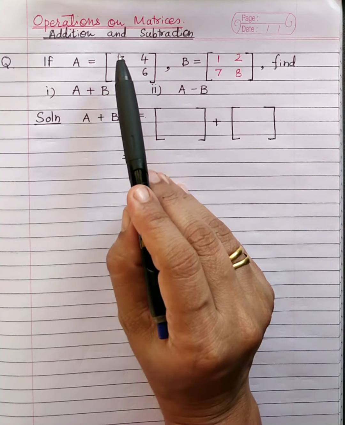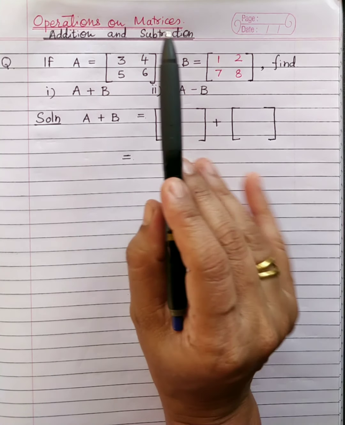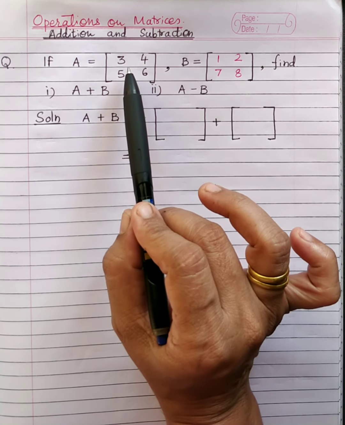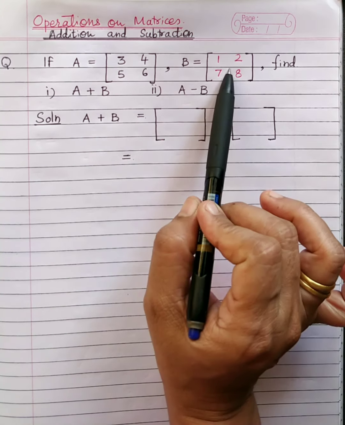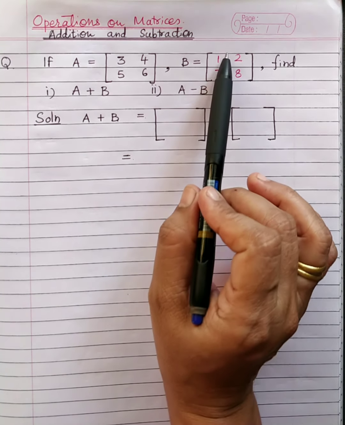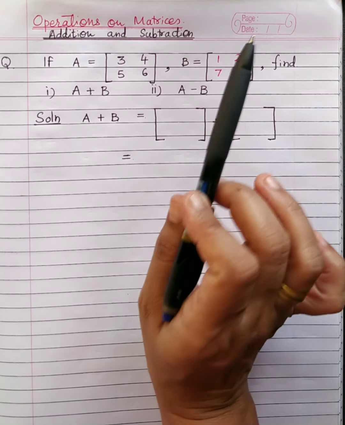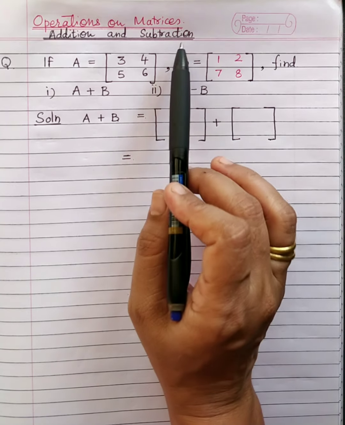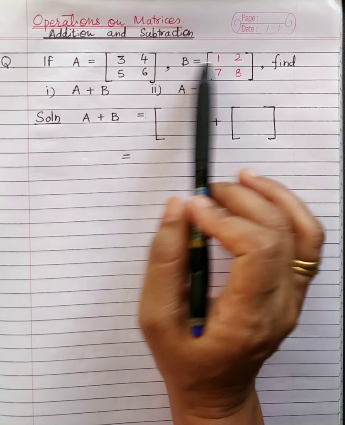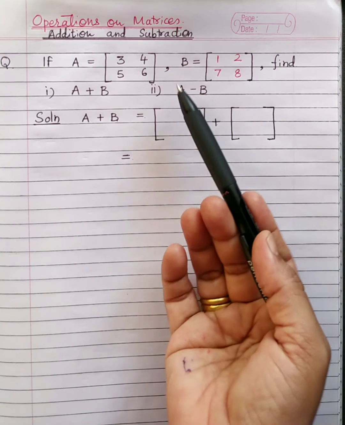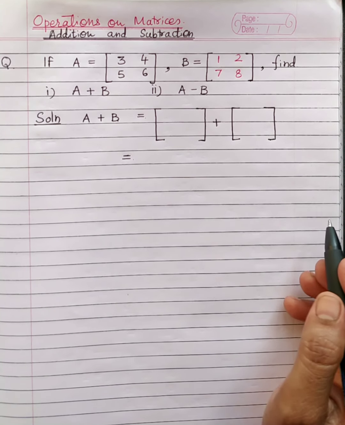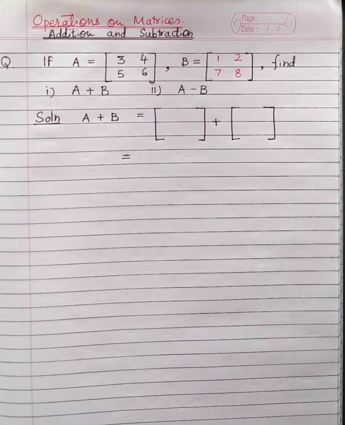So for every element there should be a corresponding element, which is possible only if both matrices have the same order. Clear? The first point is clear. First of all, addition or subtraction takes place only between the corresponding elements, and therefore the order of the two matrices should be the same. Otherwise the operations cannot be performed.